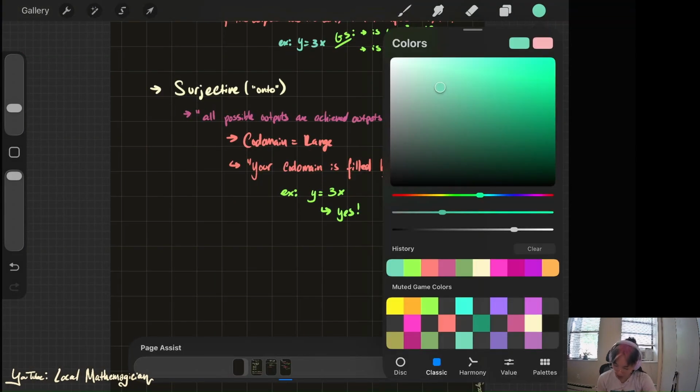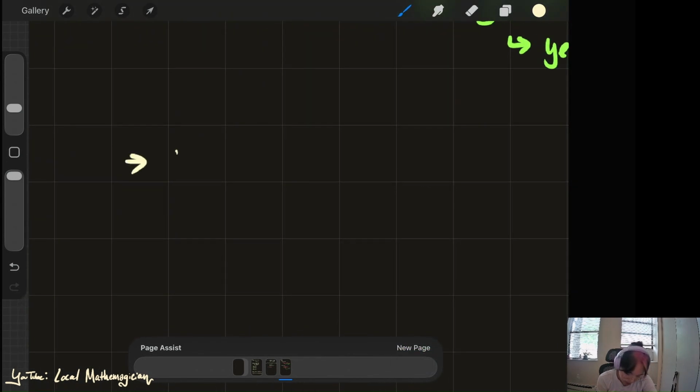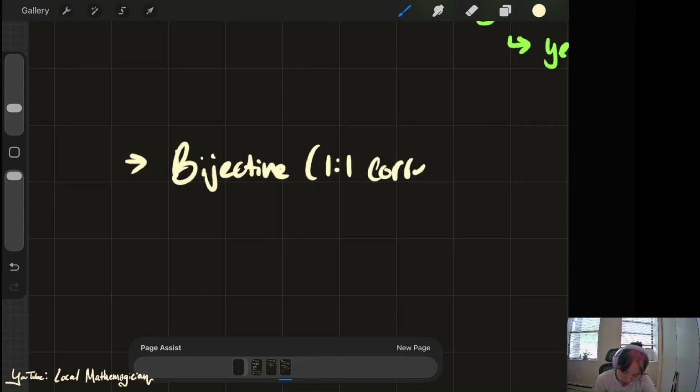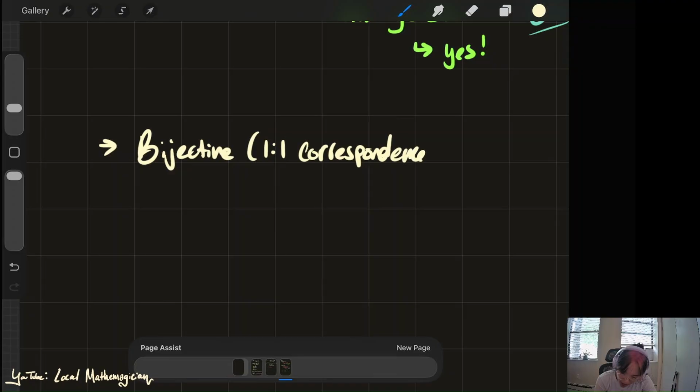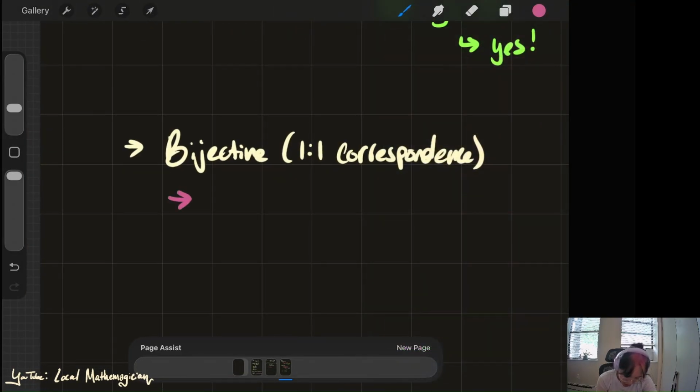The last property we'll talk about is bijective, or a one-to-one correspondence. All this means is your relation is both injective and surjective.